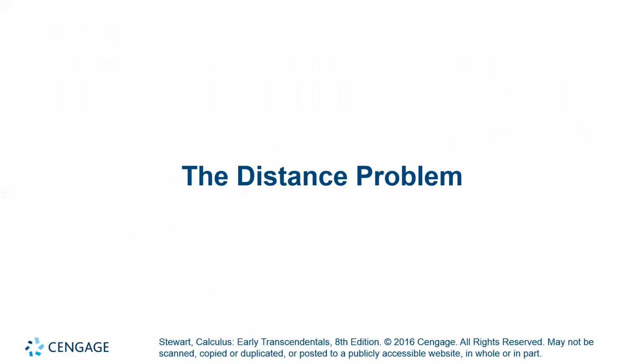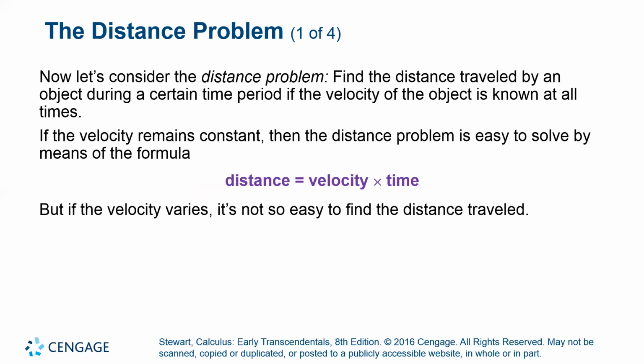Then we go to the second part, which is the distance problem. In a similar way, we want to find the distance traveled by an object during a certain time period, if the velocity of the object is known at all times of a time interval. If the velocity remains constant, then this distance problem is easy to solve.